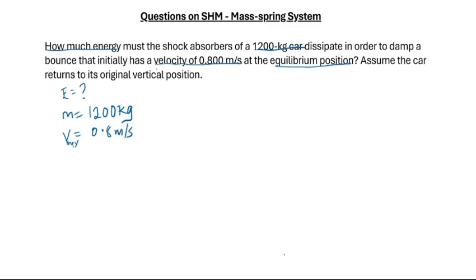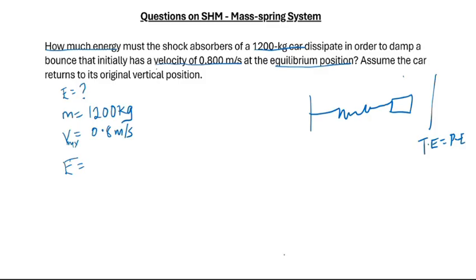Now the energy here is the total energy, and remember when we talked about it in our video, we said at the maximum amplitude, our total energy is equal to our potential energy.